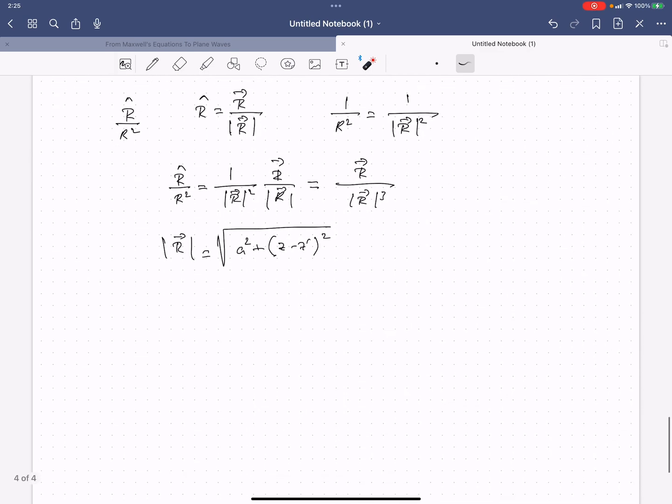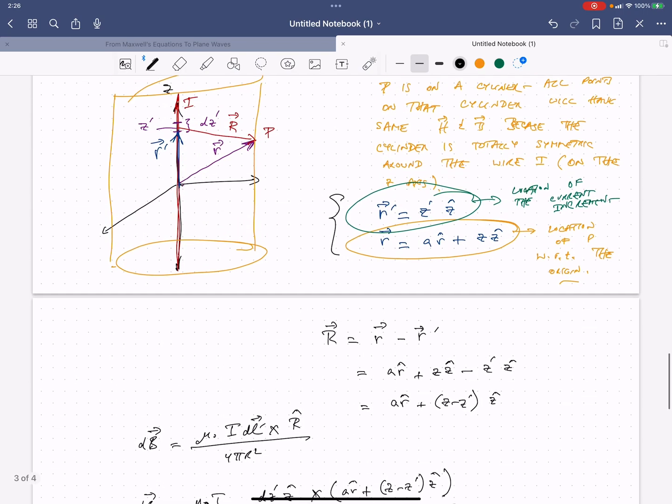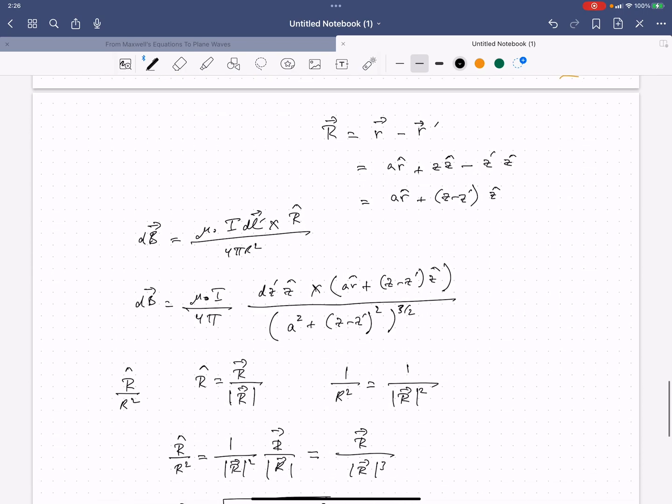And so the amplitude cubed is A squared plus Z minus Z prime squared to the 3/2. So that's how I end up here.